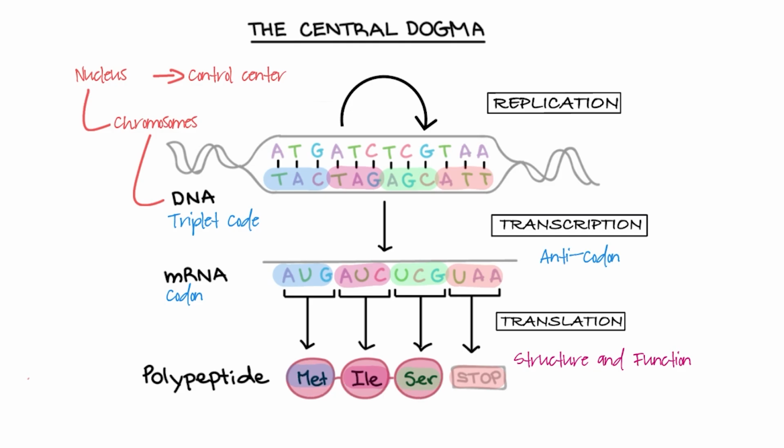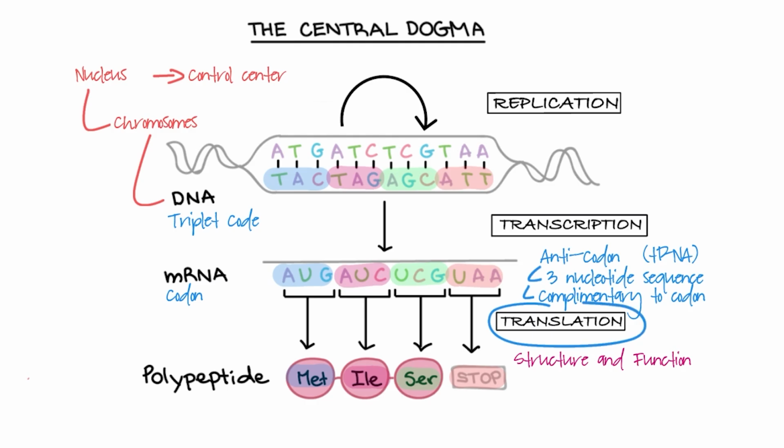in the polypeptide. Now, this third term, the anticodon, is a specific sequence of 3 nucleotides that is going to be complementary to the codons. These anticodons are going to be found on something called transfer RNA or tRNA, which is something that's involved in translation. We'll talk about this in more detail when we talk about translation.